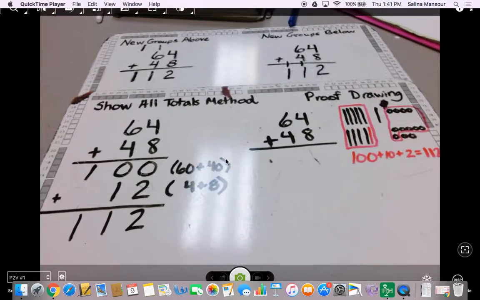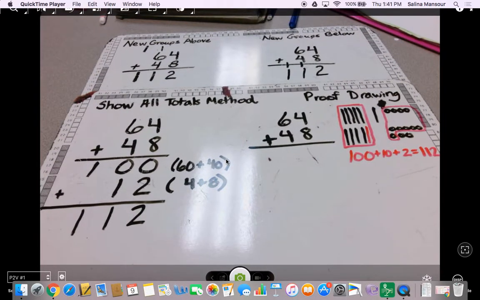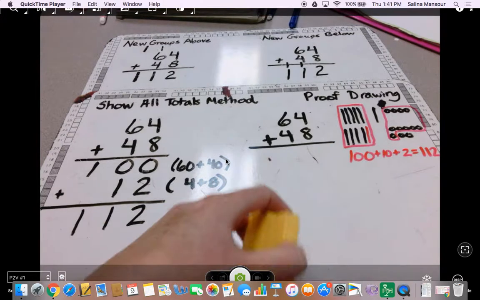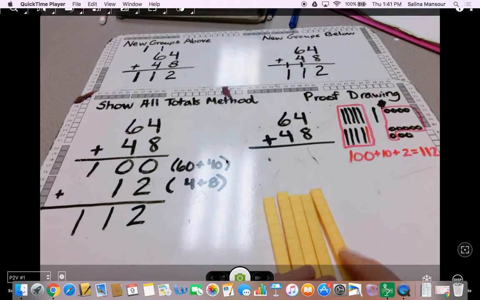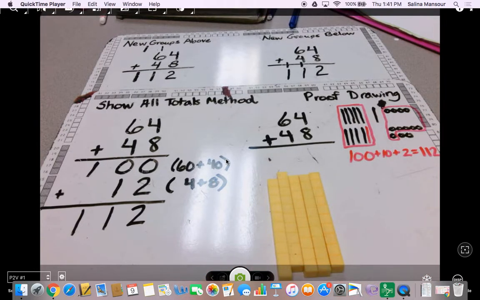And now to further prove and demonstrate this, we'll get out the actual base 10 blocks. And you can look here at my actual base 10 blocks and you can see how our 10s are representative of that.